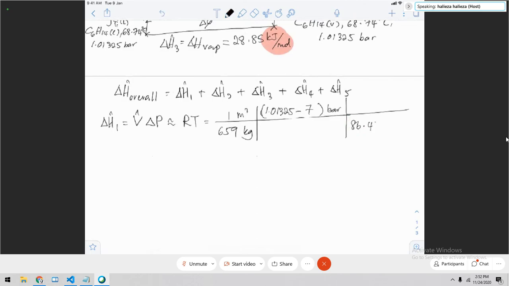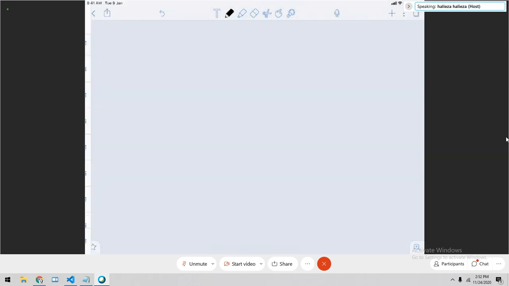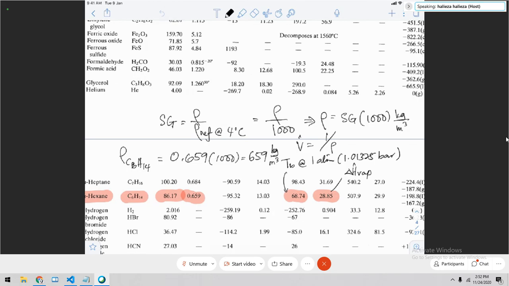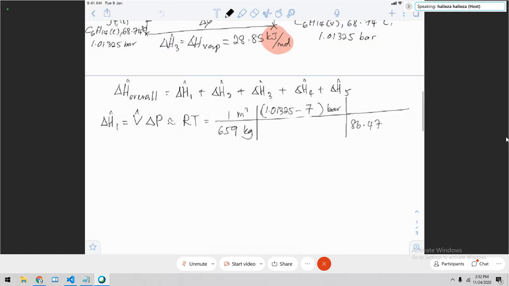I can't remember, but looking at it, it's not 47, it's 17. That is kilogram per kilomole. It should be here. You guys are going to solve this problem yourselves.